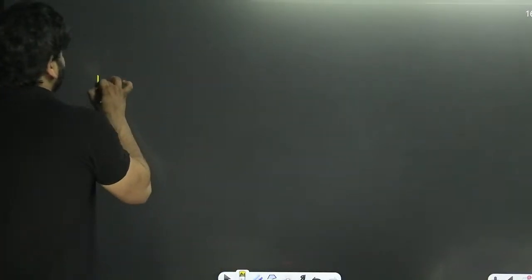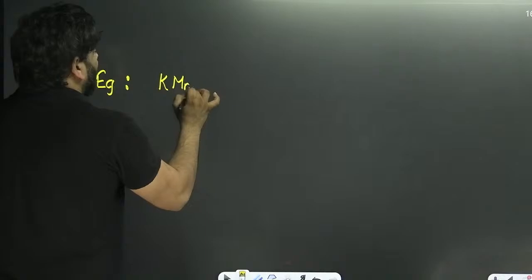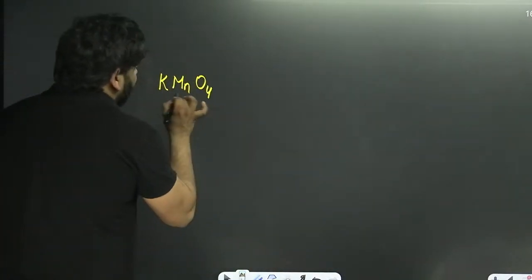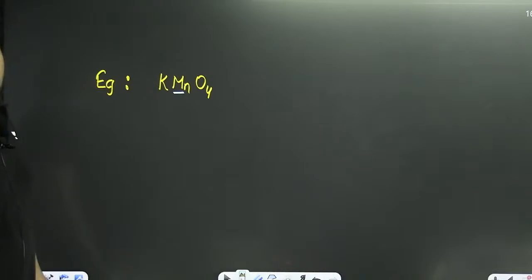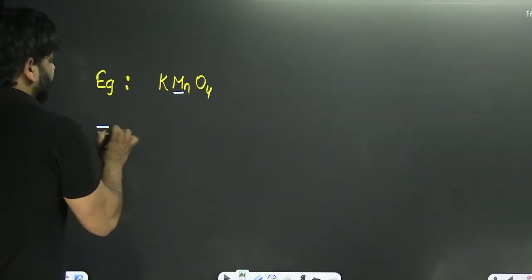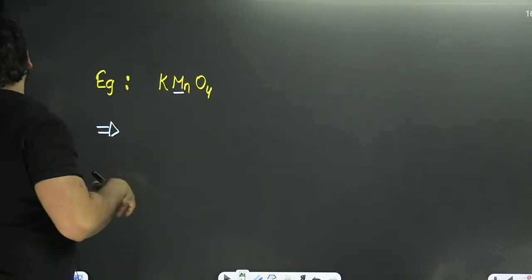So let us say KMnO4 is one example we are taking. KMnO4, potassium permanganate, is the name of this compound, and Mn has been underlined. So we have to find the oxidation state of manganese. Potassium, we are very familiar, has positive 1, and the sum of the oxidation states of all will be 0 because the whole molecule has a 0 oxidation state.